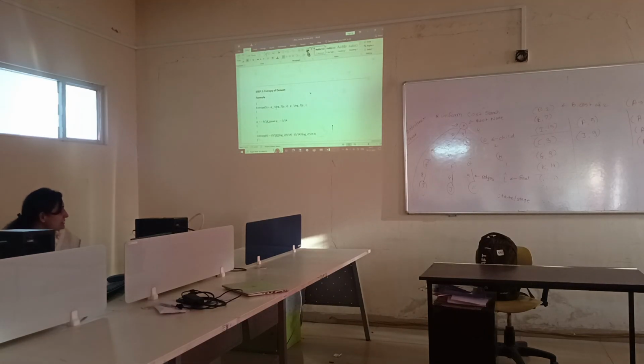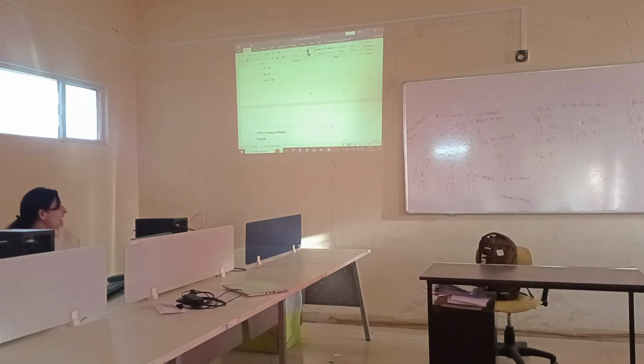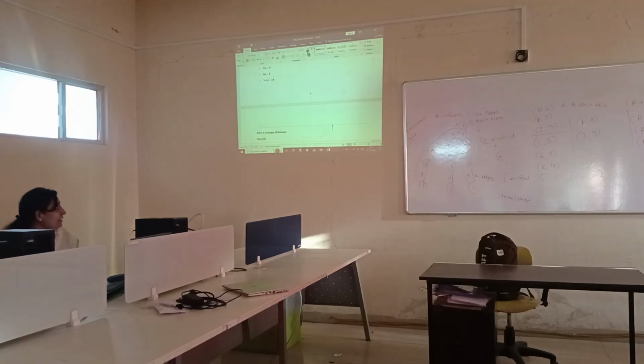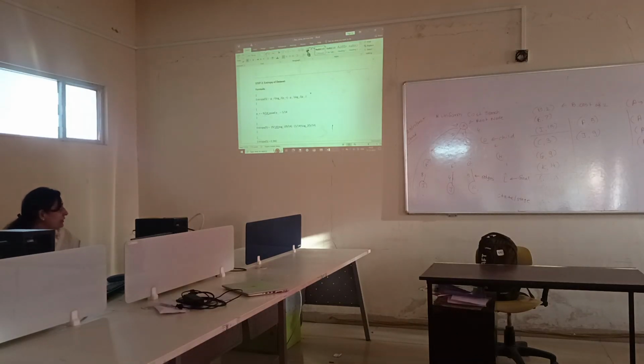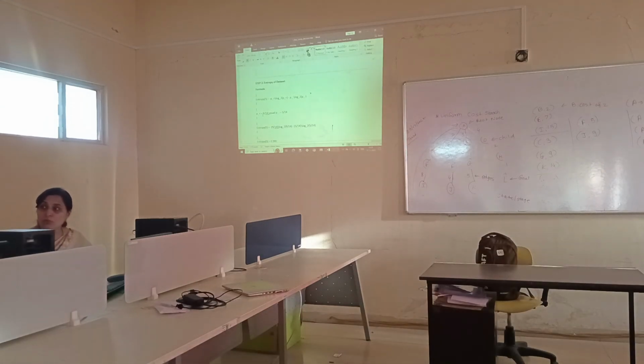In the entropy formula we need the probability of each class. Only 2 classes are there: the first is the yes probability class and the second is the no probability class. 9 yes and 5 no's are there, so the probability of the positive class is 9 by 14, since out of 14 records, 9 times yes is there.